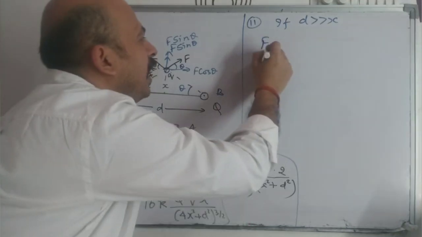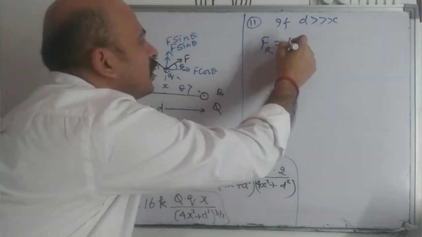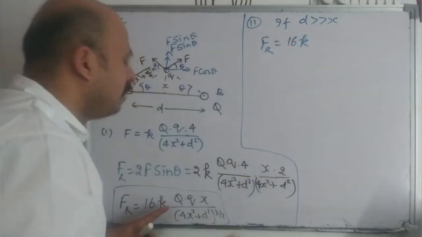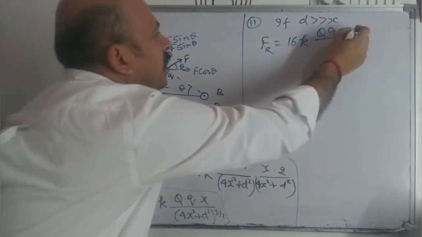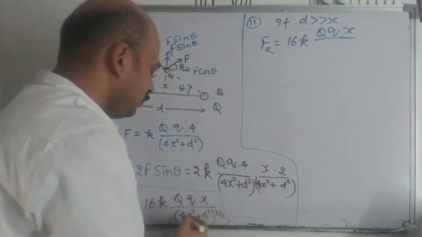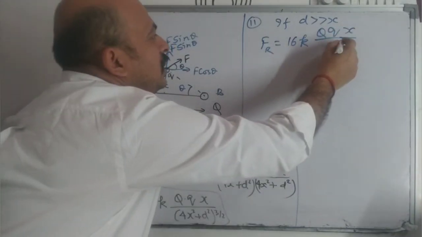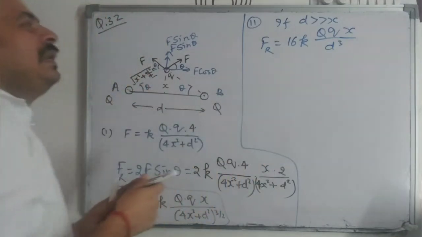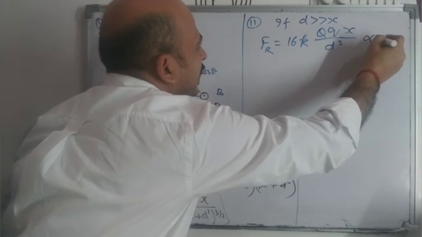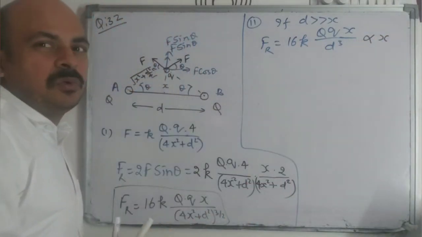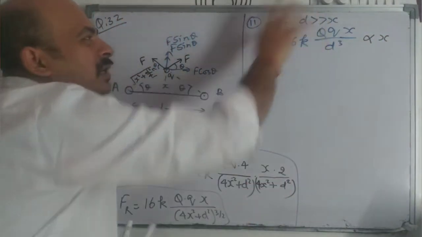So F resultant will be equal to 16k, k is 1 upon 4 pi epsilon naught, capital Q small q x upon d cube. This means F resultant is directly proportional to x. That you have to prove for that particular case.